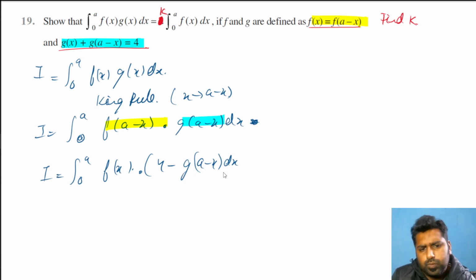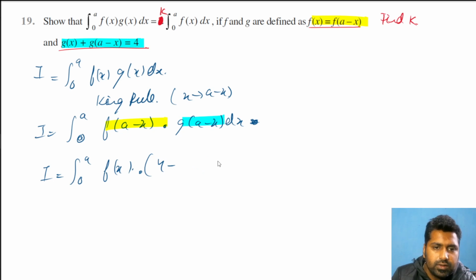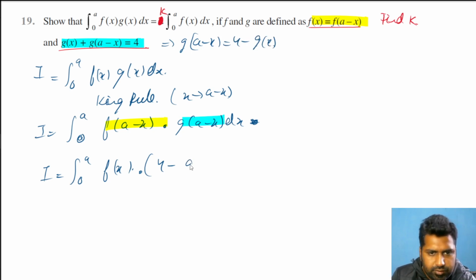So let's multiply. Sorry, my mistake. If we generate g(a minus x) out of this, we get 4 minus g(x), so this will be integral of f(x) times (4 minus g(x)) dx.